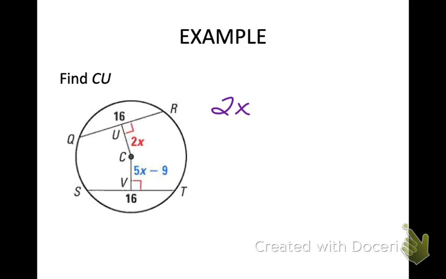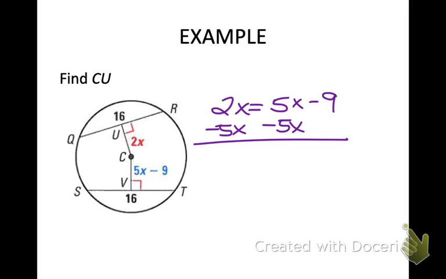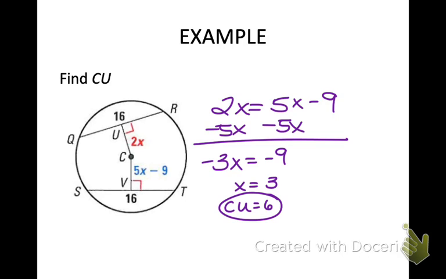So 2x equals 5x minus 9. Subtract 5x from both sides. Negative 3x equals negative 9. x is equal to 3, but I'm not done because I need to find the length of CU, which would be what? 6. Good. 2 times 3 is 6. Okay?